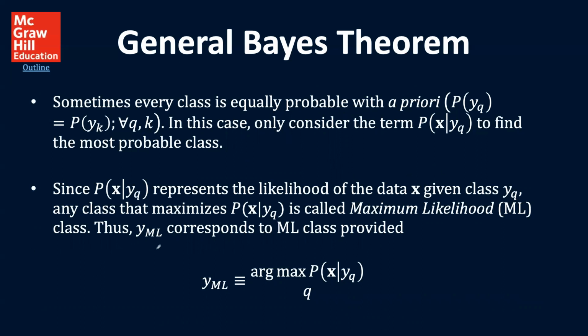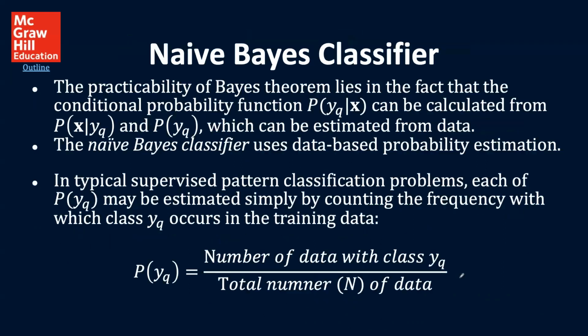That's why y ML corresponds to the ML class. So we have the MAP, and now we have the maximum likelihood types of mathematical developments that we have generated as a result of what we're covering.